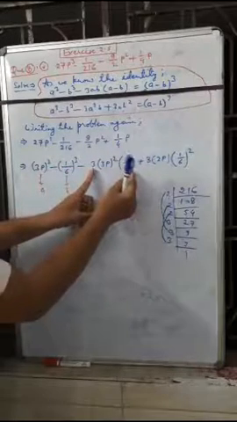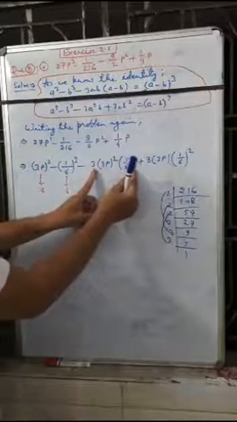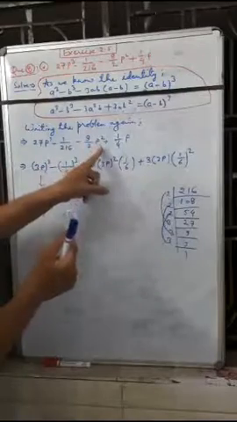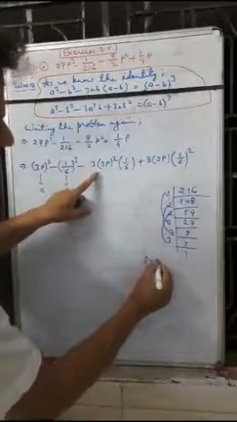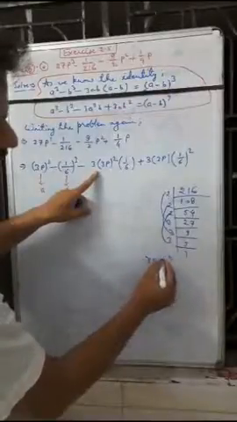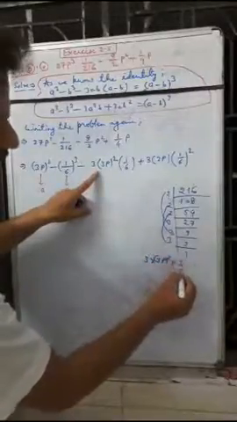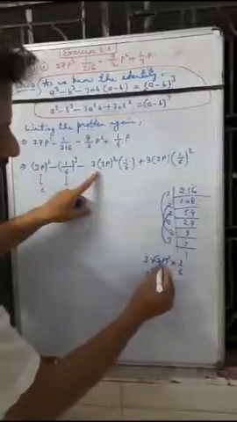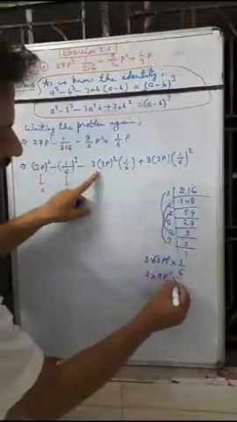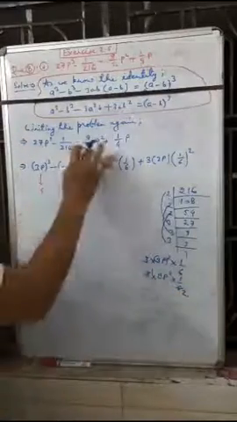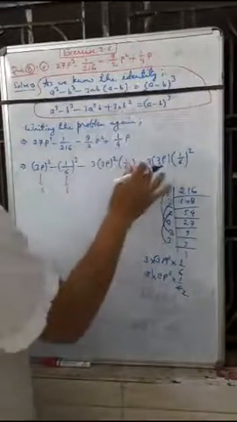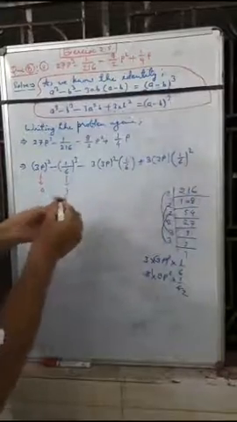If you simplify it, you will get 9 by 2 p square. Here we can solve it: 3 into (3p) square into 1 by 6. So 3 into 9p square into 1 by 6. 3 ones are 3, 3 twos are 6, so you will get 9 by 2 p square. Similarly, if you solve 3 into ab square.